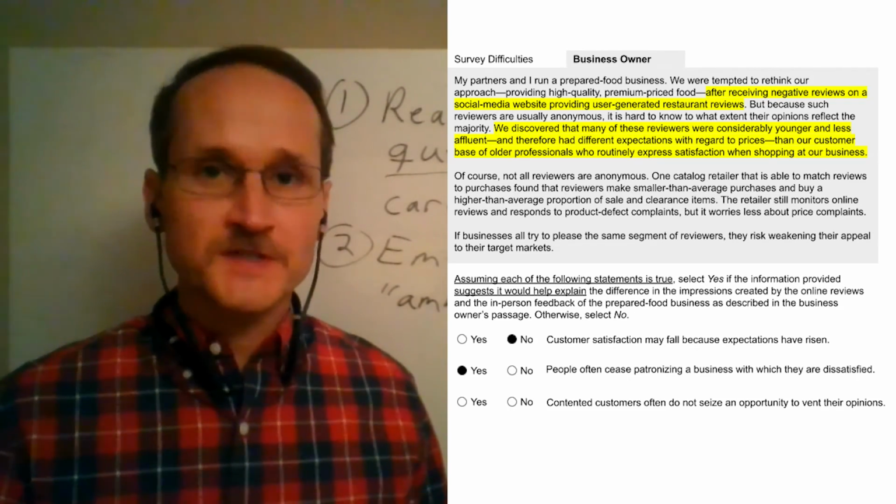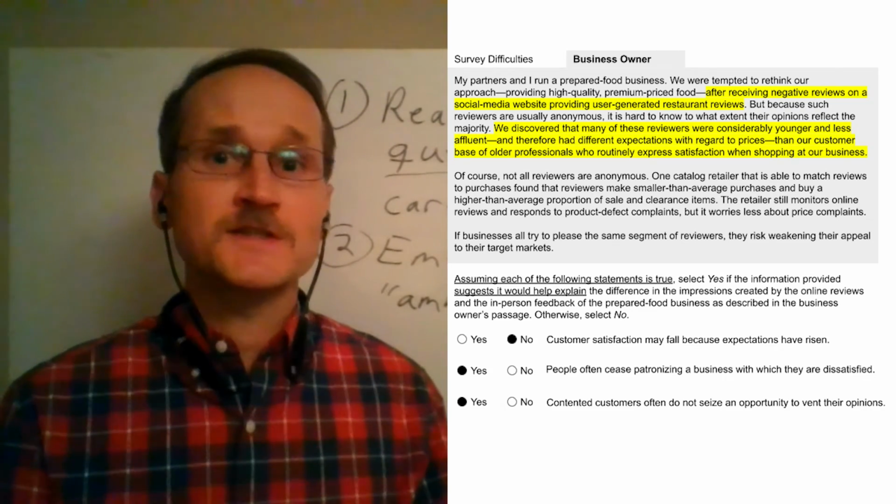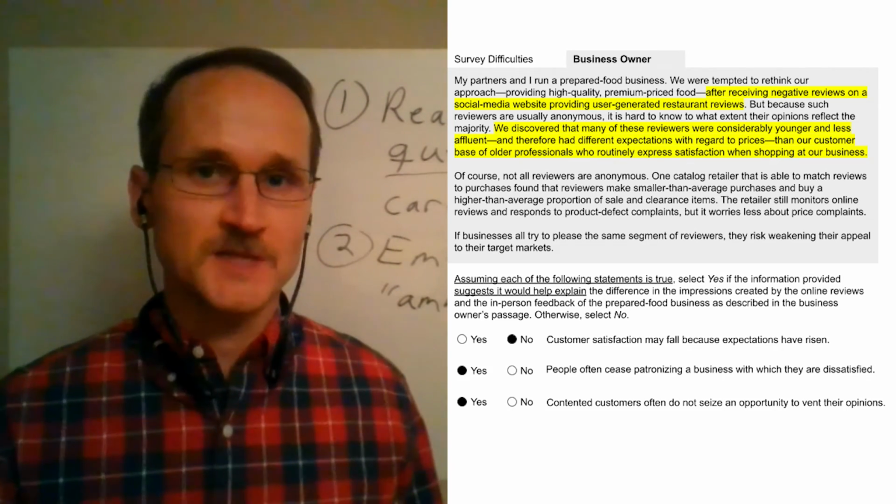So even though it's not a 100% sure thing, the information in the tabs does suggest that this would help explain the difference in impressions. So this is going to be a yes as well.